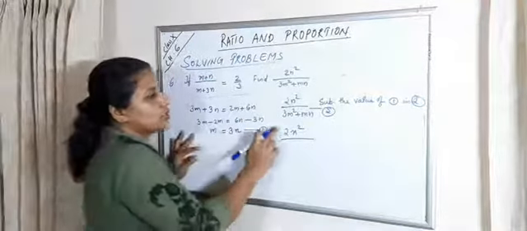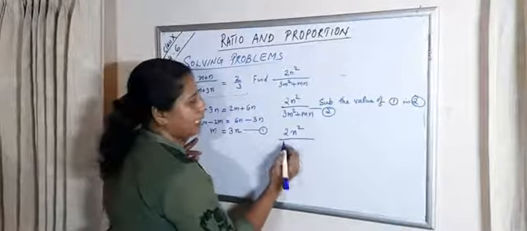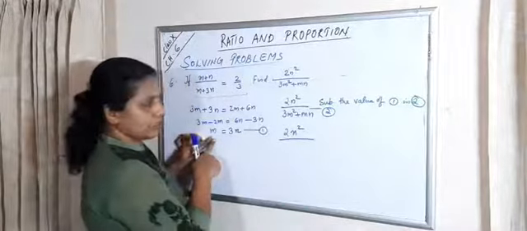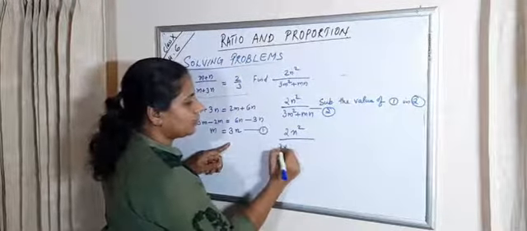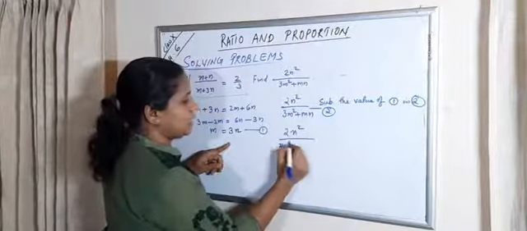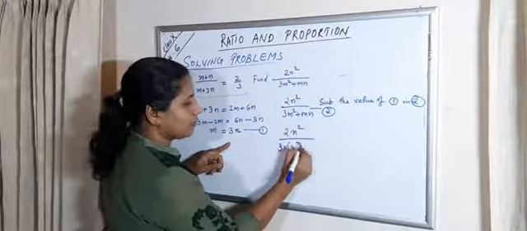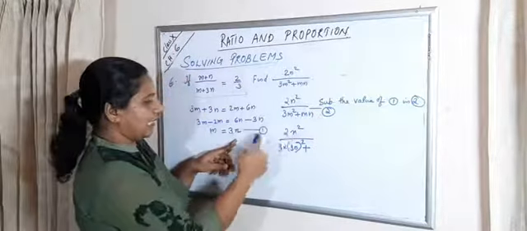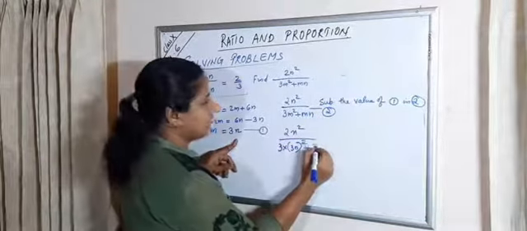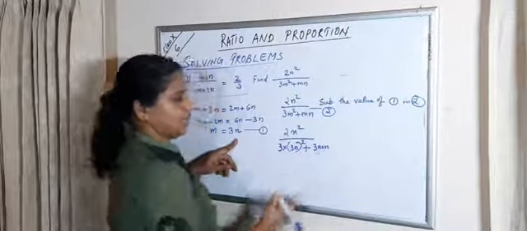So 2n square by 3m square: m is 3n, so 3 into m square means 3 into 3n square, plus m into n, that is 3n into n.